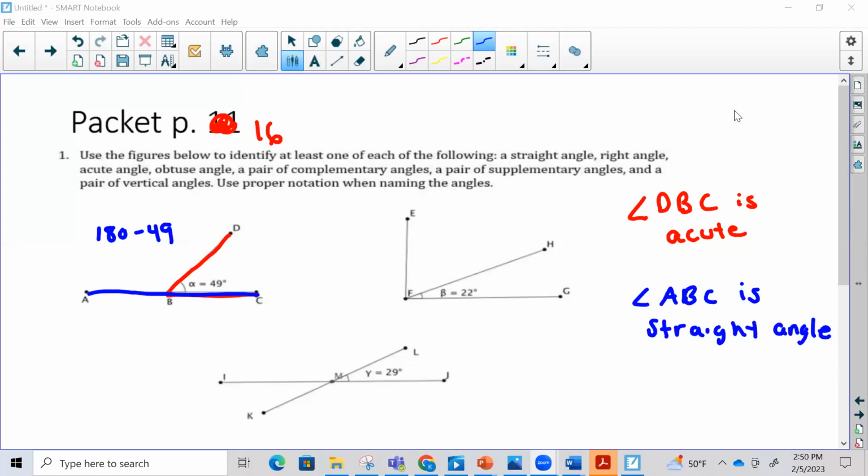And so that angle ABD is going to be 131 degrees. So as a result, angle ABD is obtuse because it is more than 90 degrees, but less than 180.